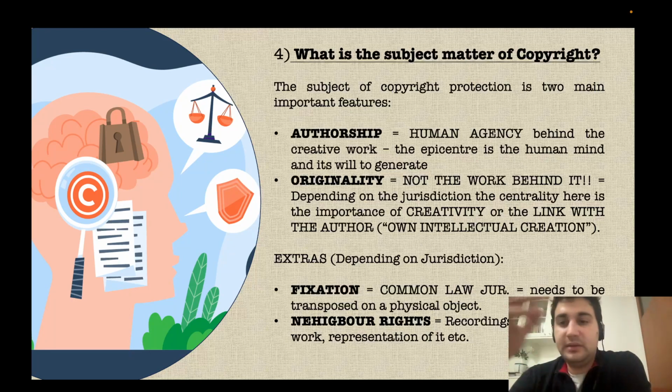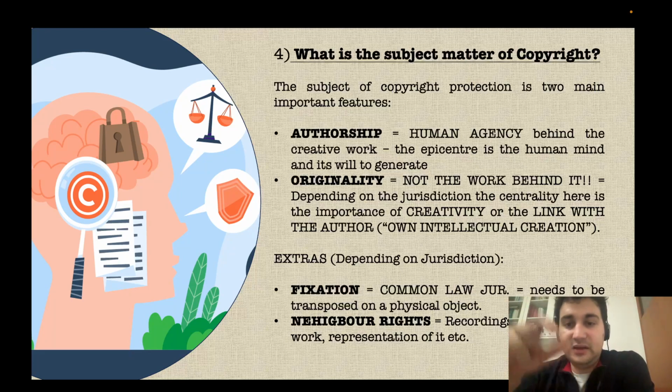As we said before, the epicenter is the human mind that is generating anything, an expression of its ingenuity and originality. It's not the work behind it, but the spark of creativity, the direct link between the ideas of the author and, uniquely from them, the work of art, okay?